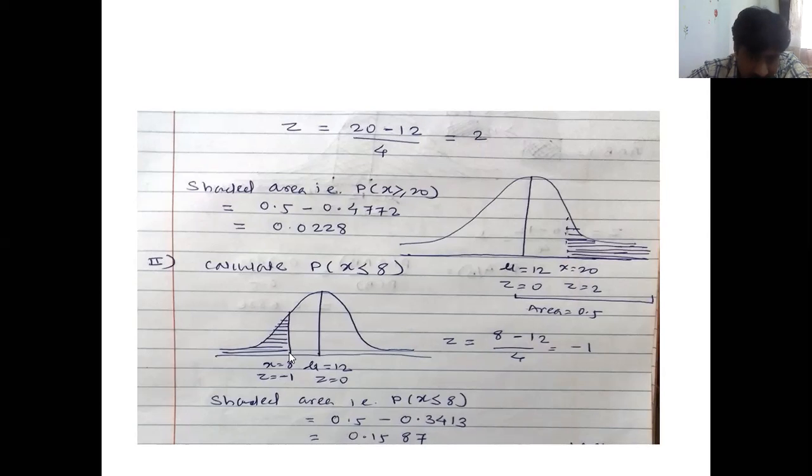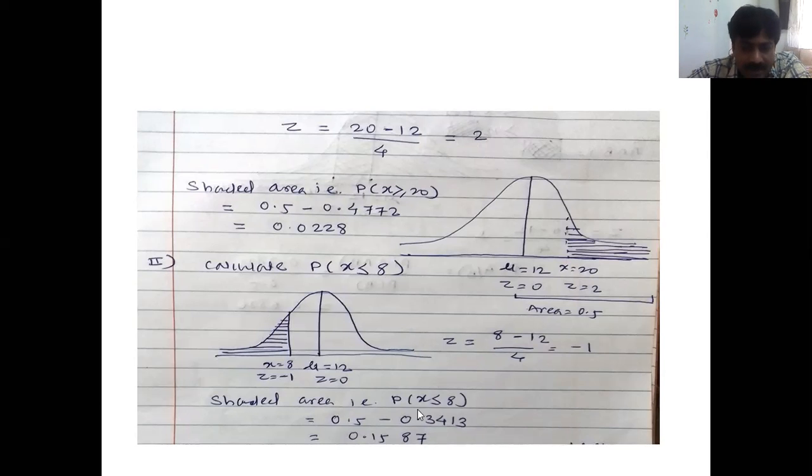So let's say this particular line is our x equal to 8, and we need to calculate x less than or equal to 8. The left portion of this line at x equal to 8 is our shaded portion, and we need to calculate the probability of this shaded portion. This will be computed as the area of the shaded portion.